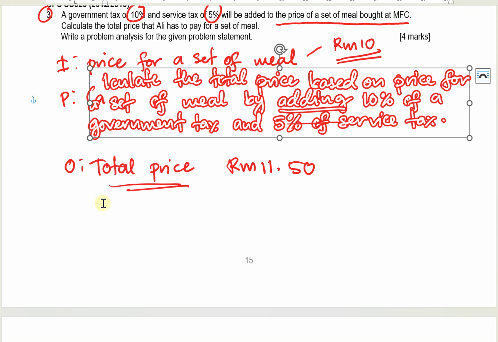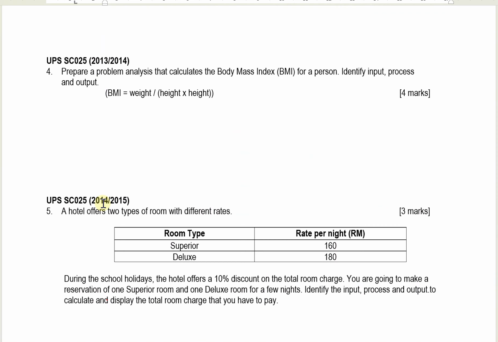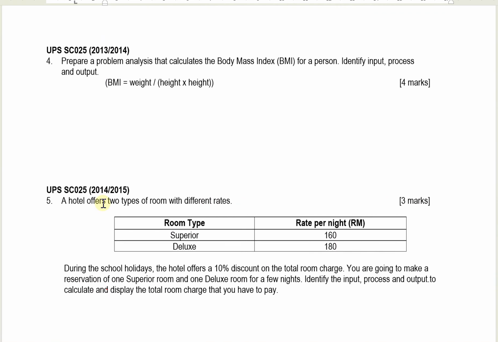Alright, next we move to question number 4. Prepare a problem analysis that calculates the BMI for a person. Identify the IPO. So of course here you start with the output first. Since the question already gives you the formula here, normally the output is BMI.